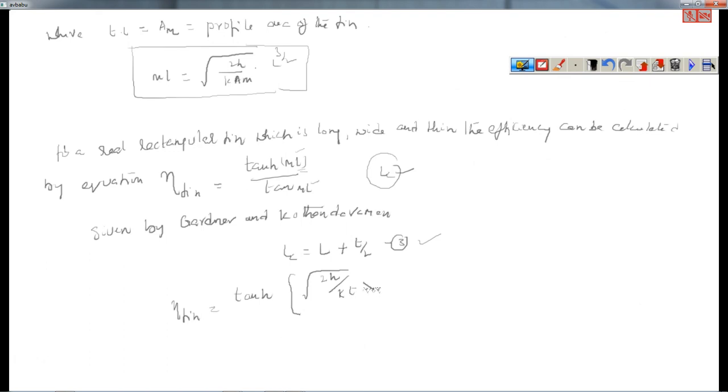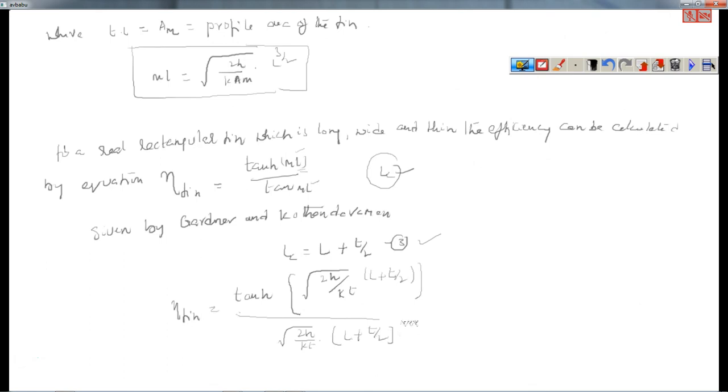So I will write it: tanh of the square root of 2h by kt times (L plus t by 2), divided by the square root of 2h by kt times (L plus t by 2).